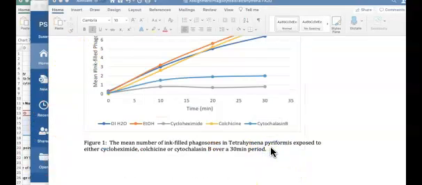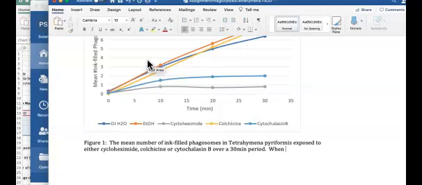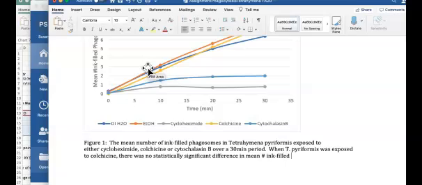Example, you could write something to the effect of, when T. piriformis was exposed to colchicine, there was no statistically significant difference in mean number of ink-filled vacuoles compared to the control.